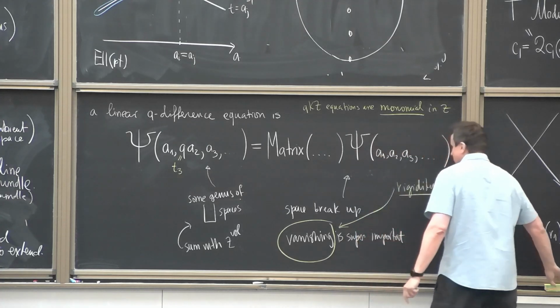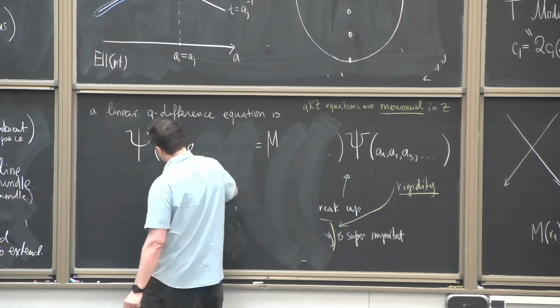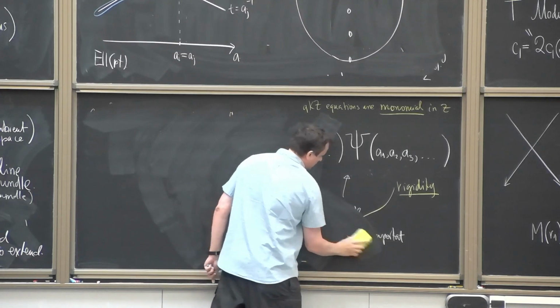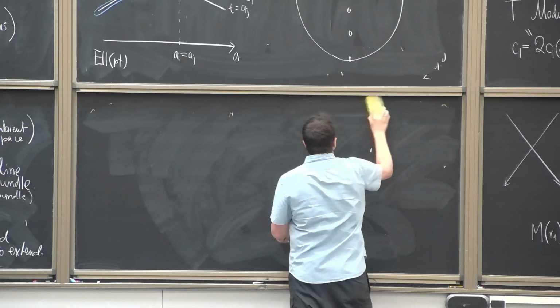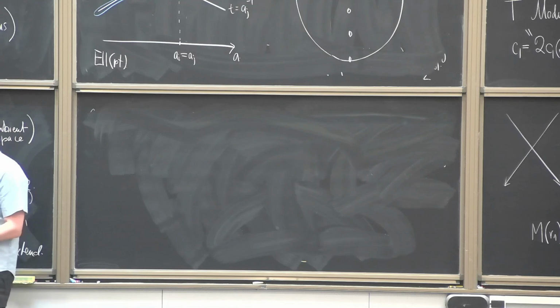So what is it? Somehow, just completely abstractly, suppose I have an arbitrary algebraic variety.